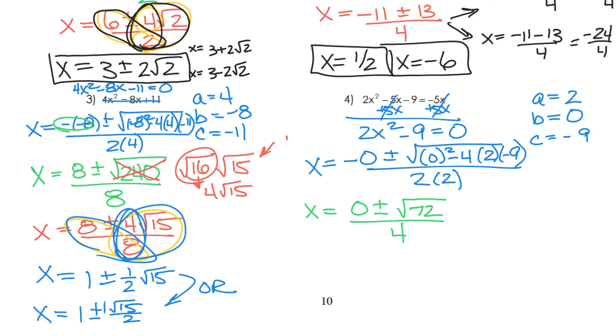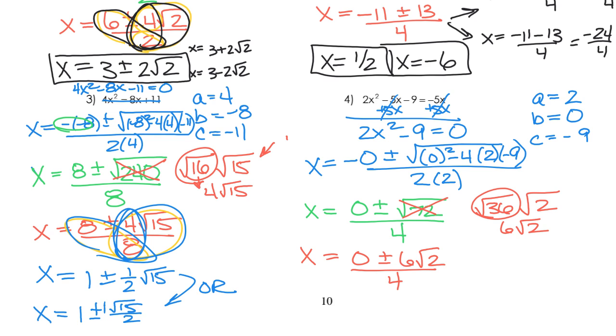Okay, and so we can go ahead and now simplify our radical. 72 is not perfect, and the largest perfect square that goes in is 36, and it goes in twice. And that's going to become 6 square root of 2, and we'll replace that in our next step. And so we have 0 plus or minus 6 square root of 2 all over 4, okay? And now we'll go ahead and divide by 4 so that we can figure out our answers.